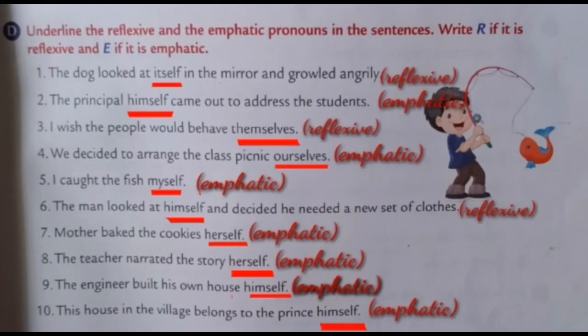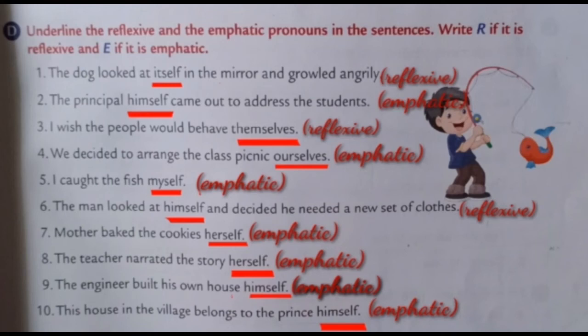Now exercise D. Underline the reflexive and the emphatic pronouns in the sentences. Write R if it is reflexive and E if it is emphatic. Children, before getting into the exercise, let me recall what reflexive pronouns and emphatic pronouns are.